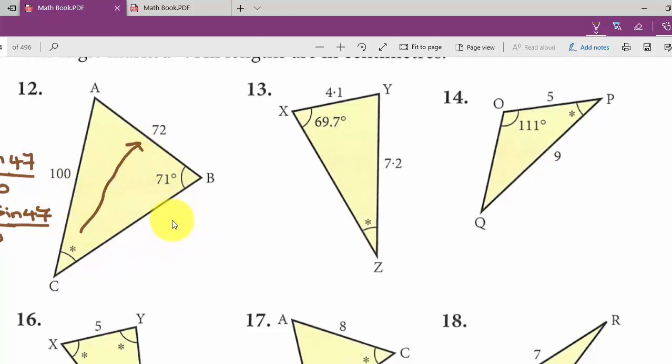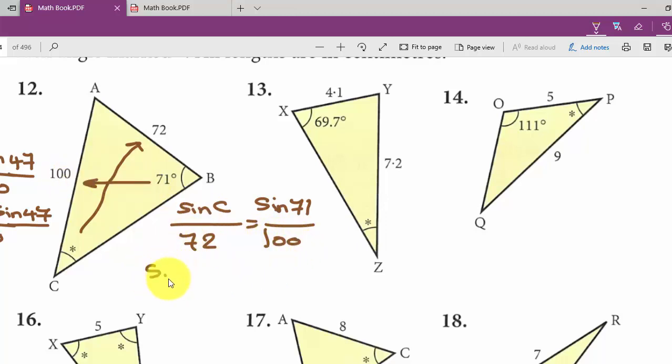Then sine of C, this is angle C, over its opposite, which is 72, is equal to sine of 71. Look, when we have sine on the top, on the other side we must have sine on the top. Sine of 71 over its opposite is 100.